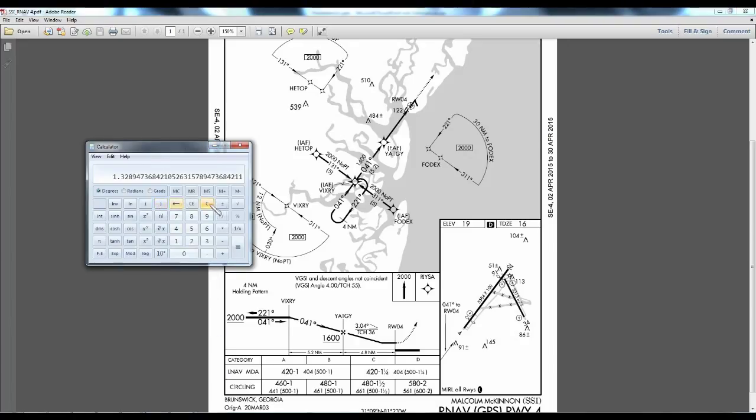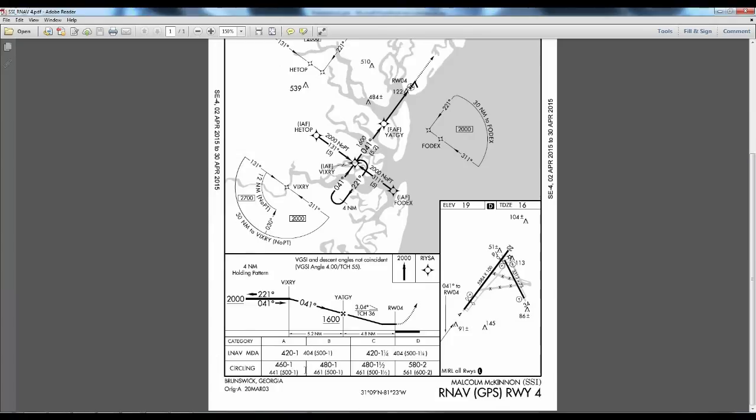And again, to calculate the visual descent point, you take the height above threshold, this number right here, 404. So real quick, we're going to show the minimums section off. This first number, 420-1, is the barometric minimum descent altitude for this approach. So 420 MSL is the lowest we can go on this approach without seeing the runway.